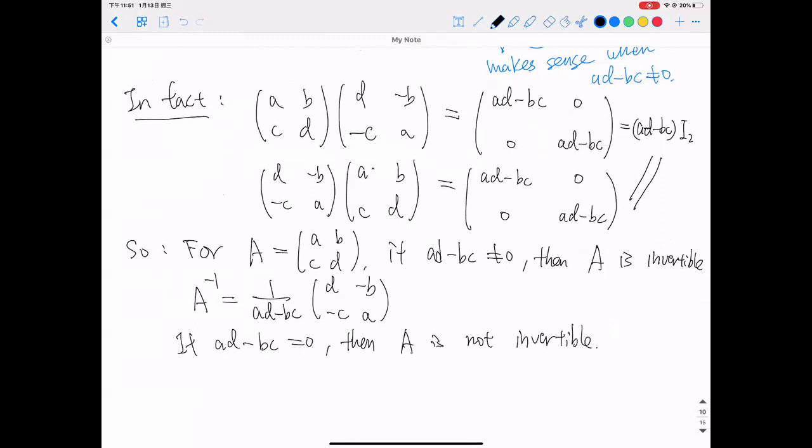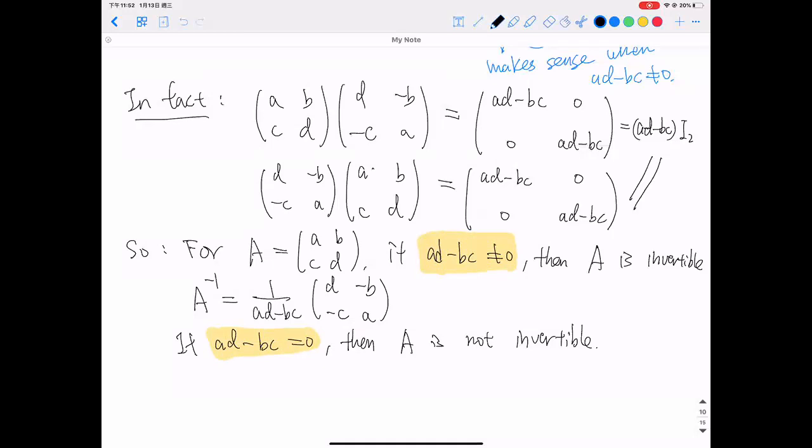So in the 2x2 case, there's a very simple answer for whether a matrix of size 2 by 2 is invertible or not. It basically depends on this quantity AD minus BC, and we will consider something like this later on for bigger matrices.